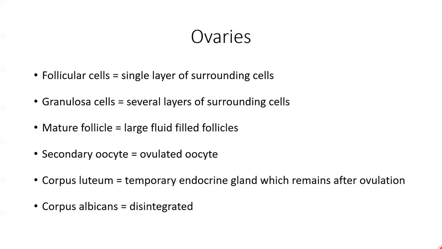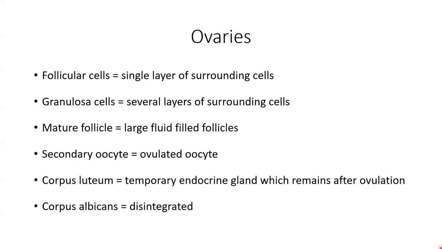The mature follicles are the follicles that are obviously larger and they're filled with fluid. On an image, they look like they have an empty space within them. And then within these mature follicles, we have our secondary oocytes, which are the oocytes or gametes, which are ovulated and expelled from the ovary. Left behind after ovulation are the remnants of the mature follicle, which we call the corpus luteum.